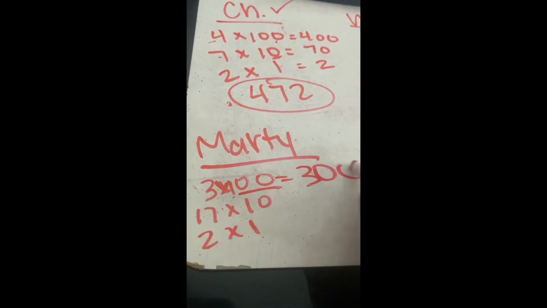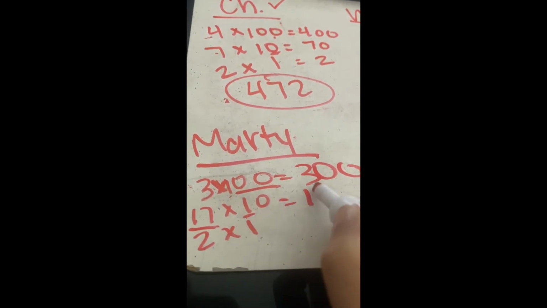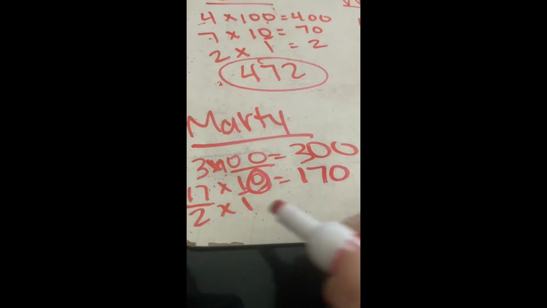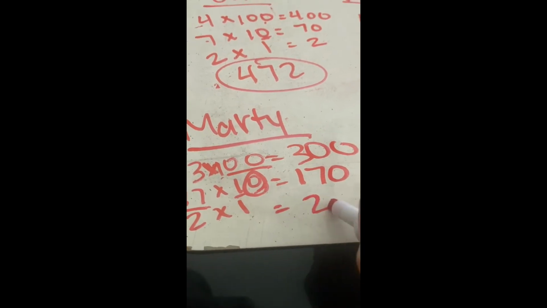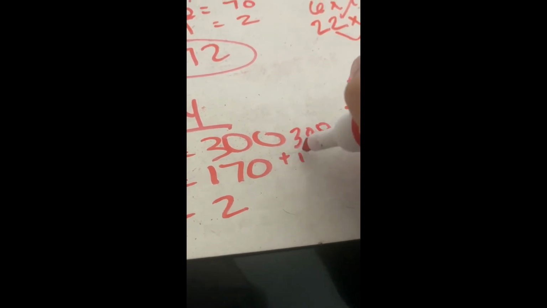Attach my zeros. 17 times 1 is 17. Attach my 0. 2 times 1 is 2. So 300 plus 170 plus 2.